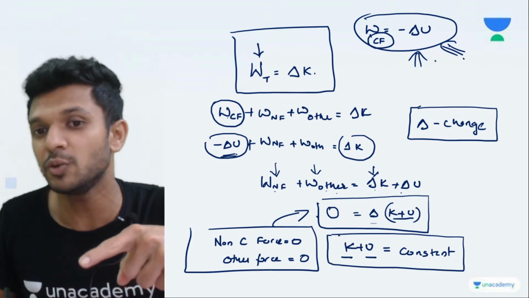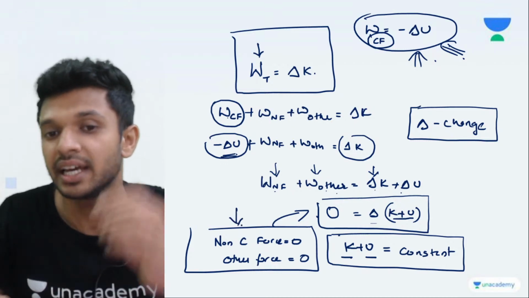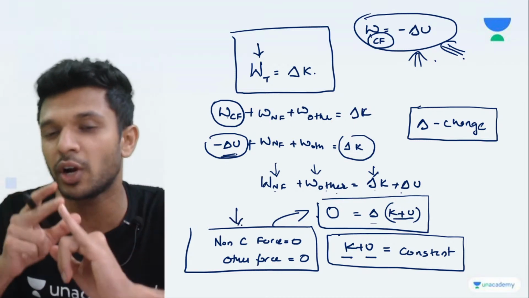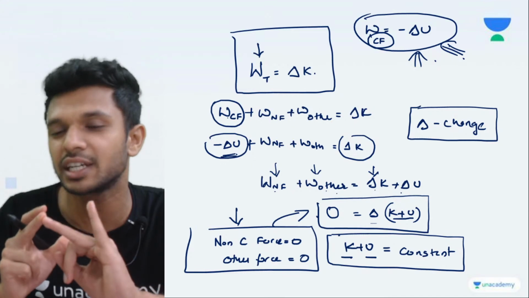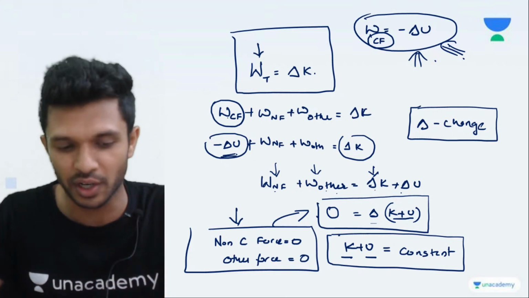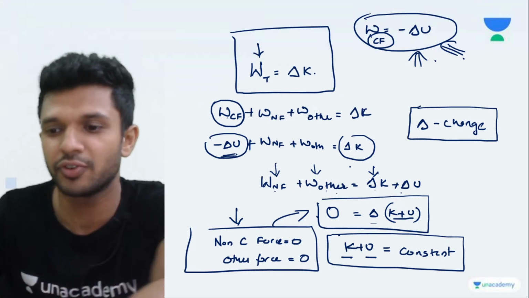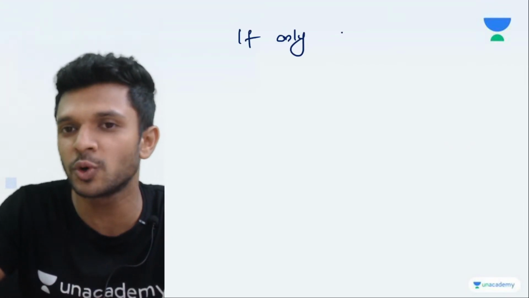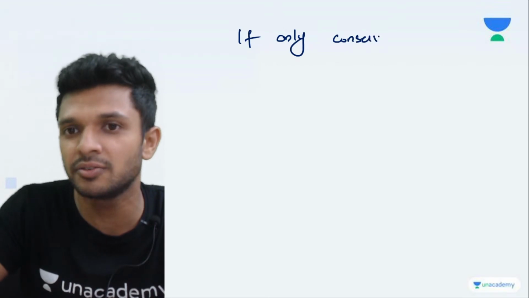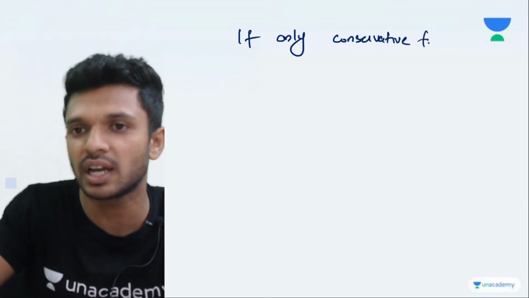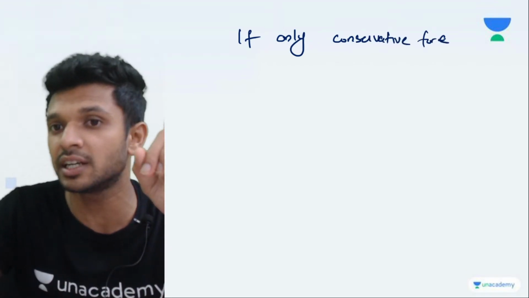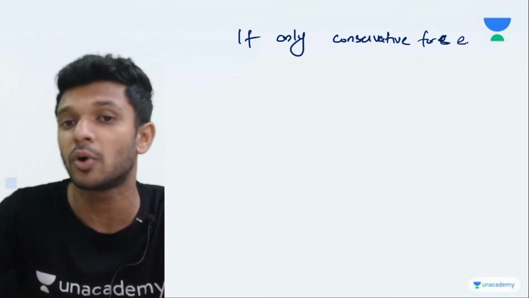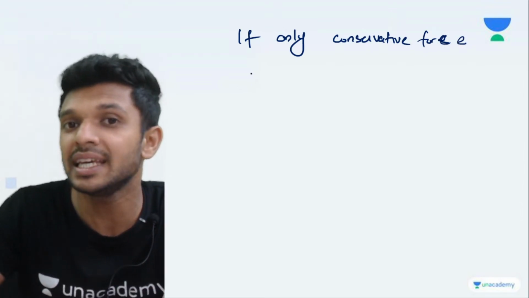In which case? In this case, when non-conservative force acting on the body is equal to 0 and other force acting on the body is equal to 0. Or in simple words, if only which force acts? If only conservative forces are acting on the body, what will be a constant?